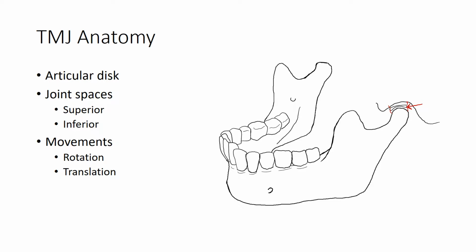So within the inferior joint space, the condyle will rotate, and that will allow for the whole mandible to rotate and for the beginning of jaw opening. The superior joint space allows for translation down the articular eminence, which allows for further opening.